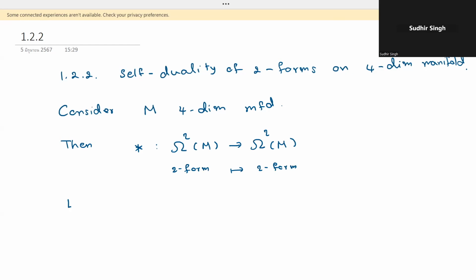And suppose we will only consider the metric g.